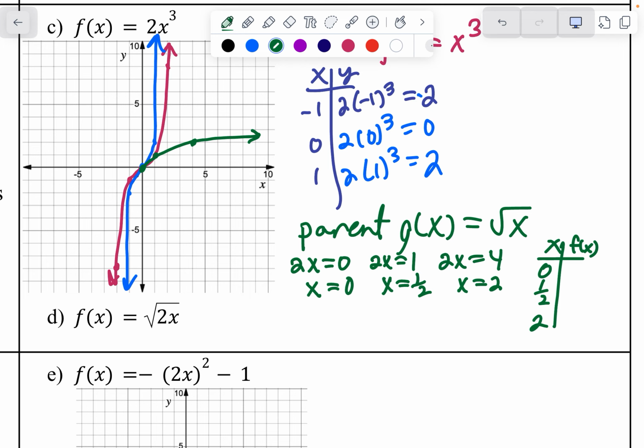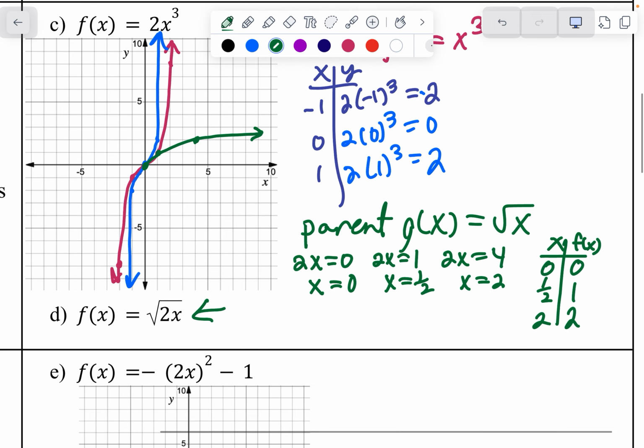So if I plug in 0, I get 0. If I plug in 1/2, I get the square root of 1, which is 1. If I plug in 2, I get the square root of 4, which is 2.